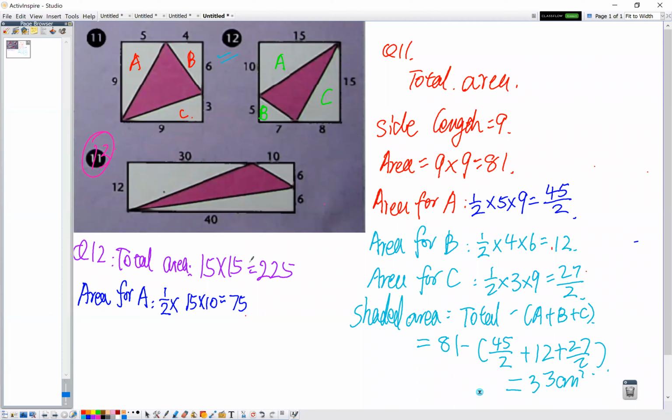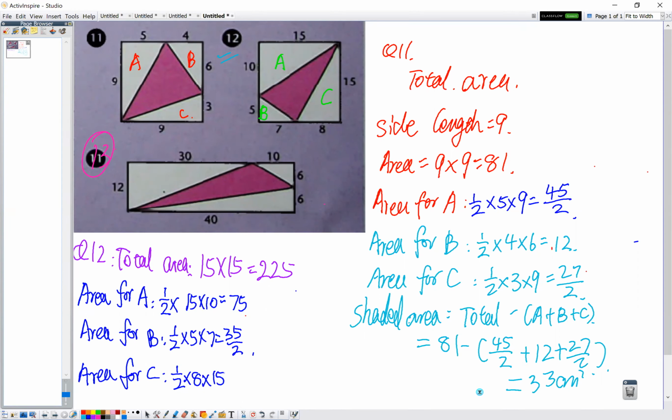Now look at area for B. Area for B is half times by 5 times 7, 35 over 2. And now look at area for C. For C, we can use half times by 8 times by 15. It becomes 60.